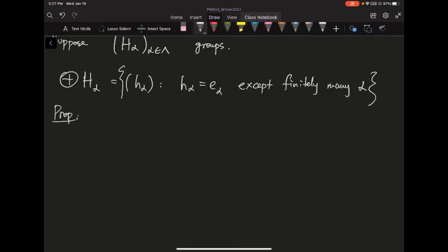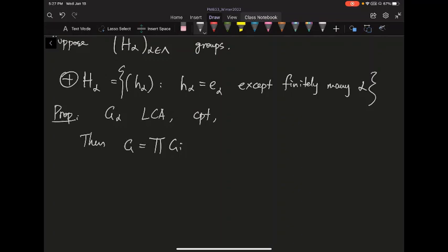Suppose I have some G alpha locally compact abelian, and I should require all of them to actually be compact. The reason I require all of them to be compact is because otherwise this product group may not be very well defined.